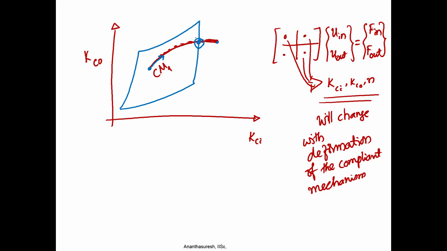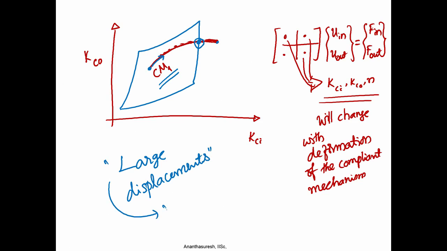We can now draw a curve corresponding to each compliant mechanism when you consider large displacements. So, this concept of the selection map based technique does work when you have large displacements, or read it as nonlinear behavior.